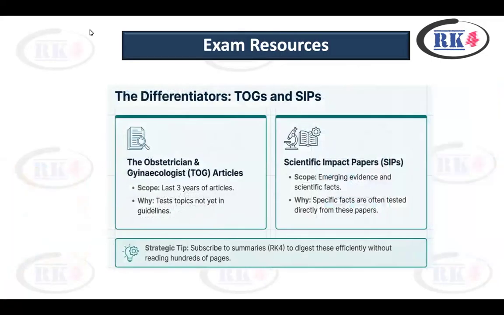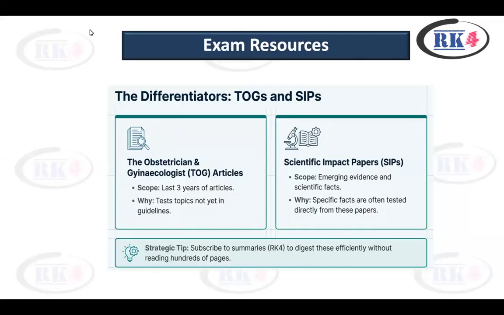Continuing with the exam resources, TOG articles, as I said, the topics which are not in the guidelines are to be covered from there. And scientific impact papers are also becoming important in recent times. Because if a topic is not given in the Green-top guideline or in the TOG article, you can read it from the scientific impact paper.